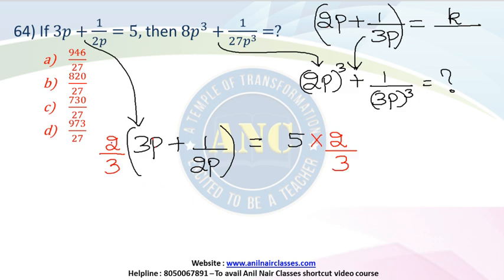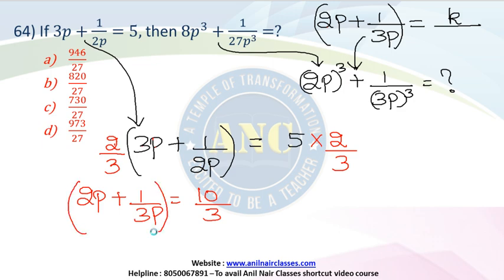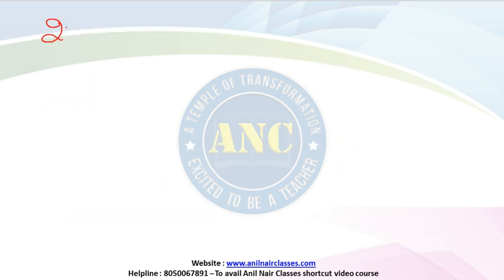Now if I simplify, 2 by 3 into 3 is 2p plus 2 by 3 into 1 by 2p. 2 will cancel out, you are left with 1 by 3p. Right hand side will be equal to 10 divided by 3. Now I know the value of 2p plus 1 by 3p as 10 by 3.